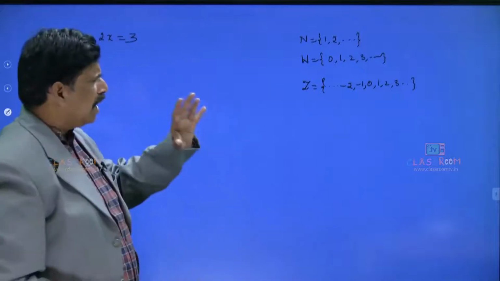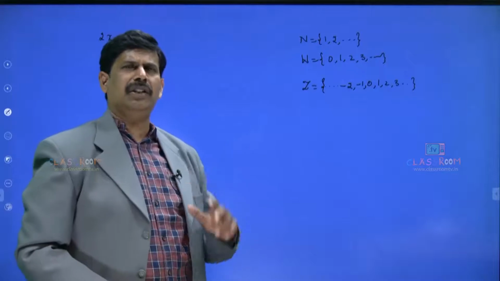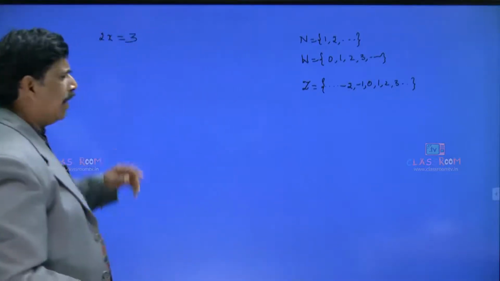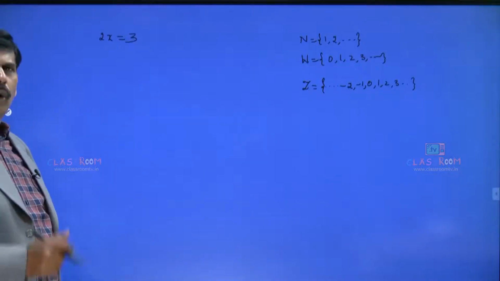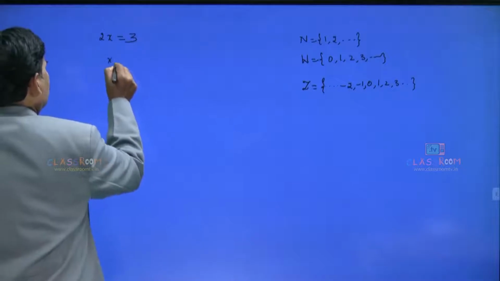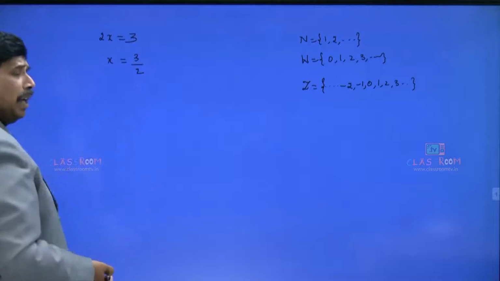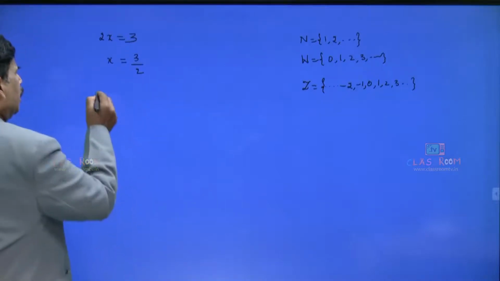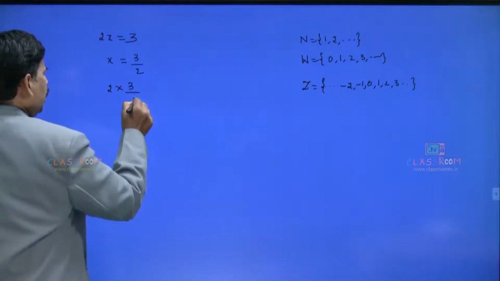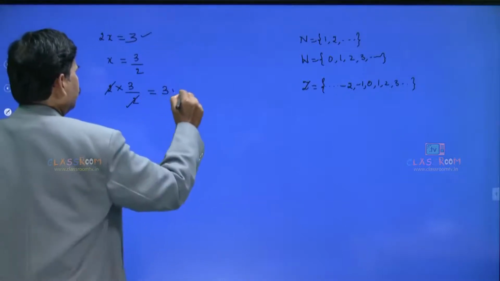Now, can any number from these three, whether a natural number, a whole number or an integer, satisfy x here? No. The x can be satisfied only when x is 3 by 2. When x is 3 by 2, then 2x, that is 2 into 3 by 2, the 2 and 2 get cancelled and you get the RHS, that is 3.